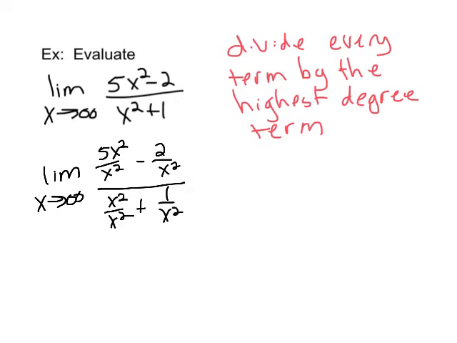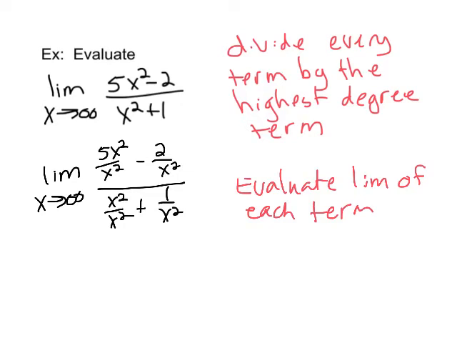And then what you do is evaluate the limit of each term. So, knowing that the limit as x approaches infinity of 1 over x is equal to 0, or 1 over x to the n is equal to 0, I can look at all of these terms.